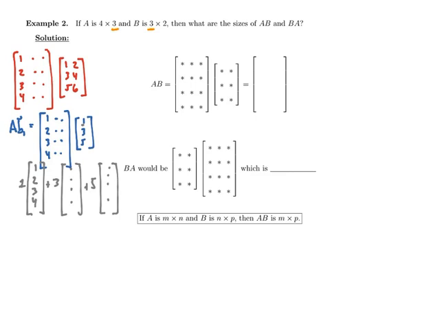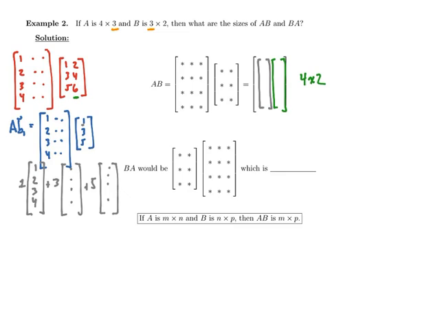And that will give me the first column of AB. Then I can do that again, this time with the second column, the 2, 4, 6, and that would give me the second column, which means that I would have a 4 by 2 matrix.